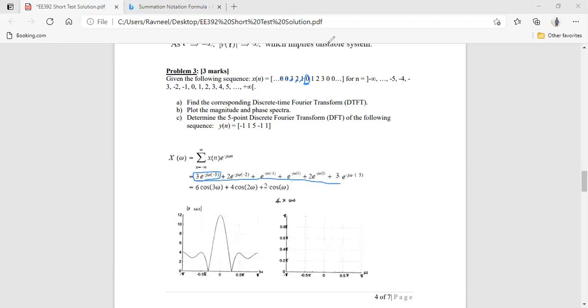Then we use our trigonometric properties to get to these cosine parts. You can see that 3e to the power of minus j omega times -3 and 3e to the power of j omega times 3 could be regrouped. Regrouping it will give me 6 cos of 3 omega, using our trigonometric rules.